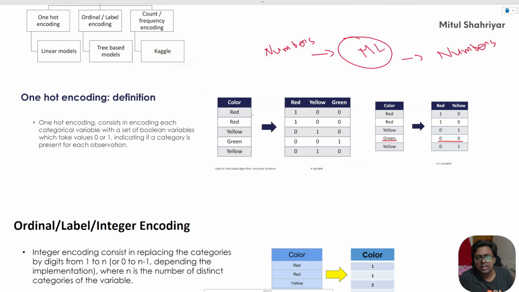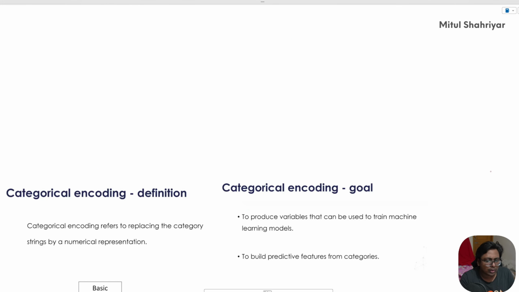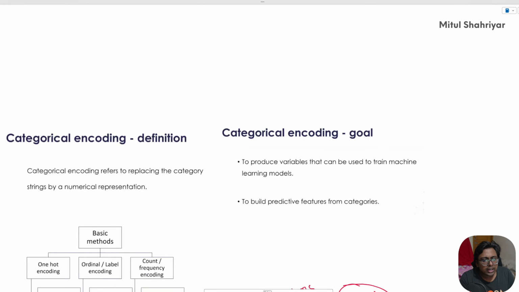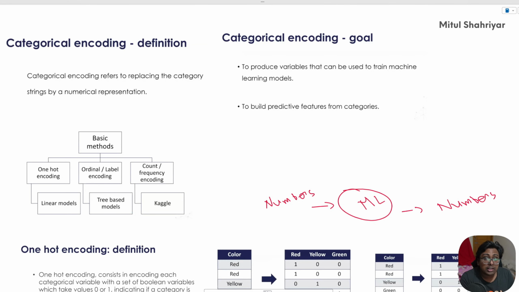One of those techniques is one hot encoding, and this is part of categorical encoding. Why we do categorical encoding, I believe, is clear: we are dealing with numbers, but our column can have strings, and the model is not capable of learning from actual strings.